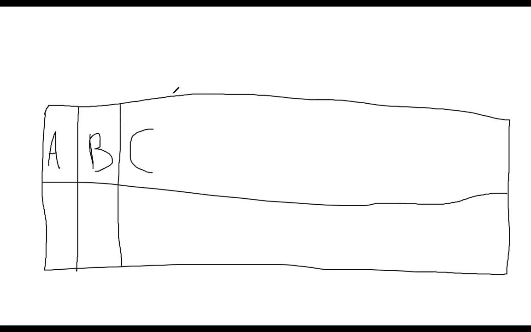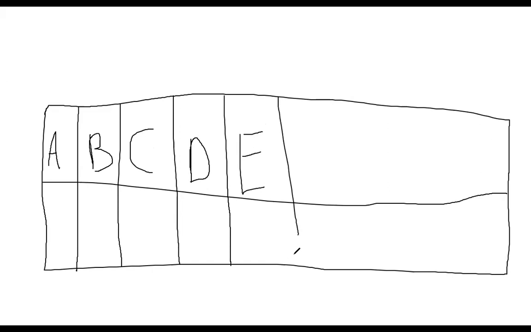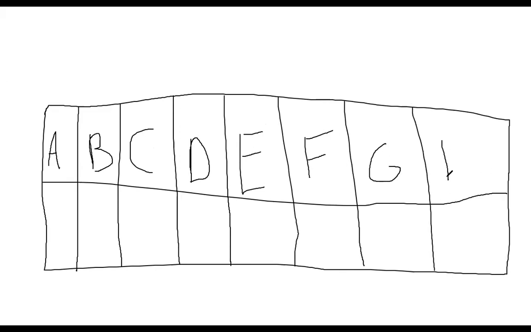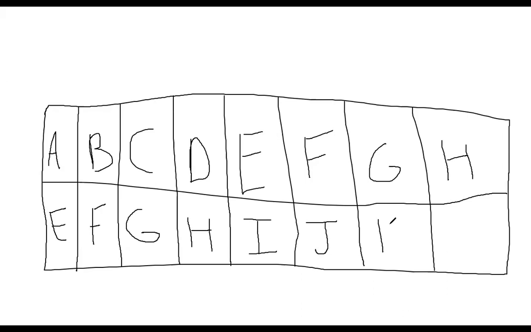So A, B, C, D, E. Okay, so ours is starting off with A turning into E. So I'm going to start E here and then have F under B, G, H, I, J, K, L. So I'm going to leave this here for a second.